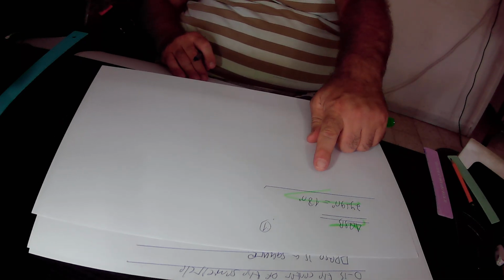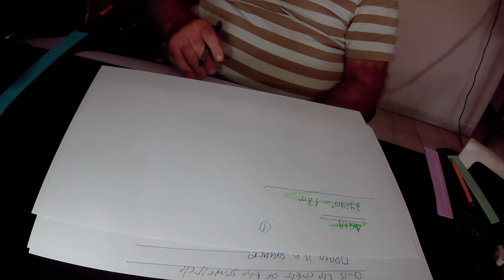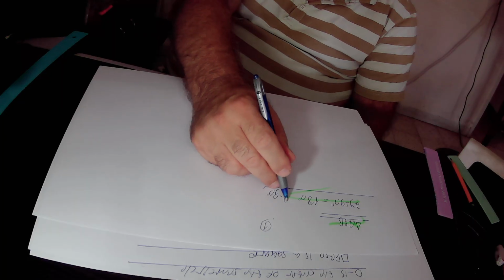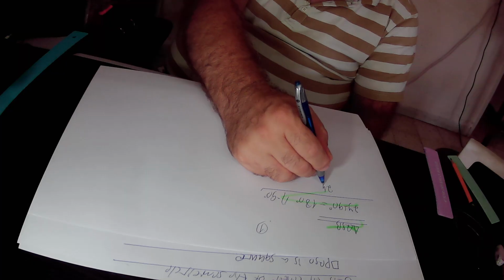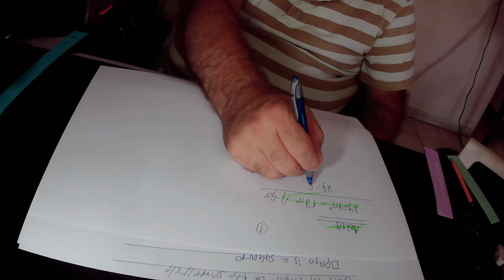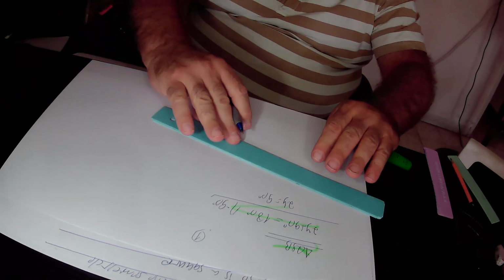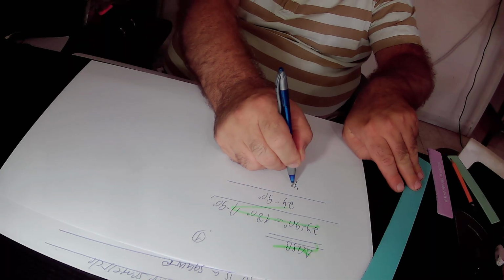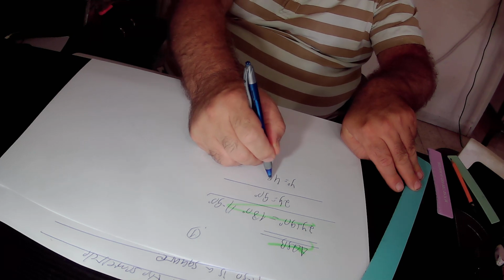Again in the right triangle QSB, 2y plus 90 degrees must be equal to 180 degrees. Here we will subtract 90 degrees from the equation, and we get that 2y equals to 180 degrees minus 90 degrees, which is 90 degrees. So 2y equals to 90 degrees. Here we divide this equation by 2, and finally we get that the missing angle y equals to 90 degrees over 2, which is 45 degrees.